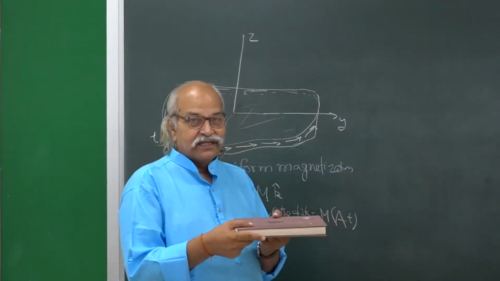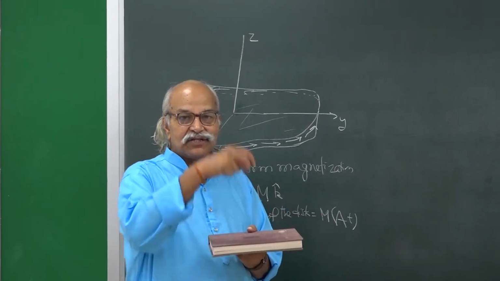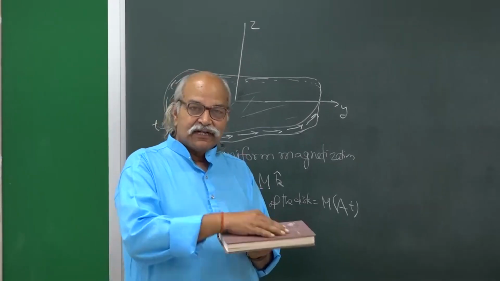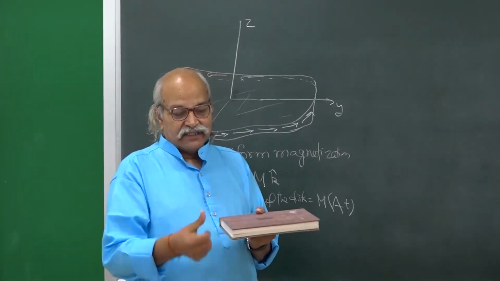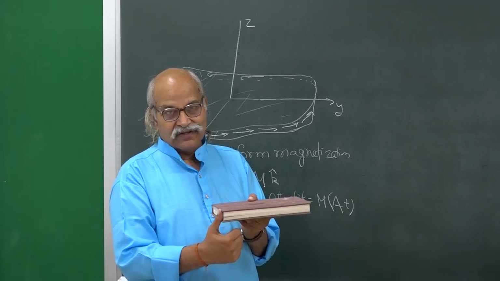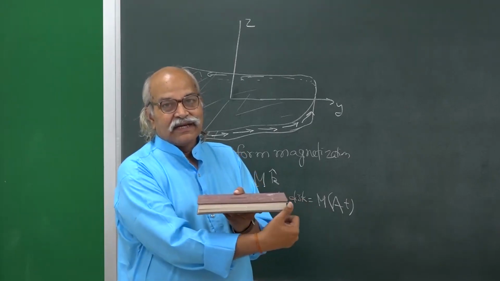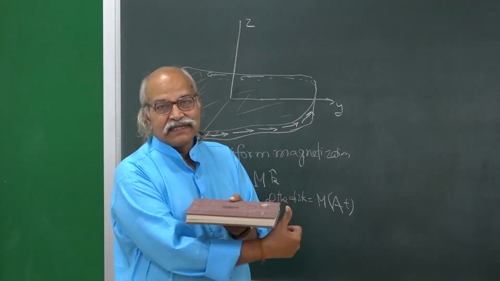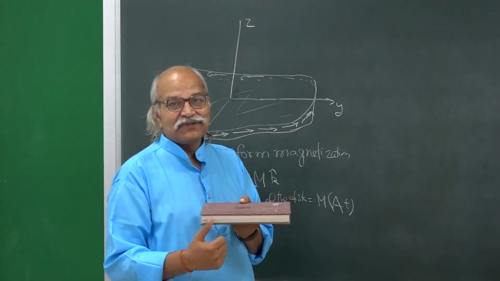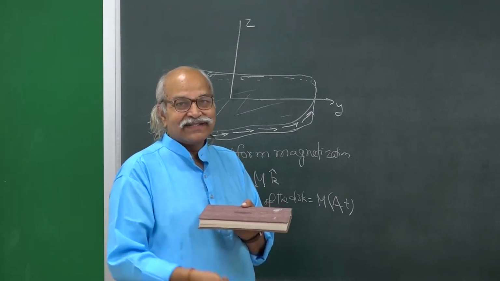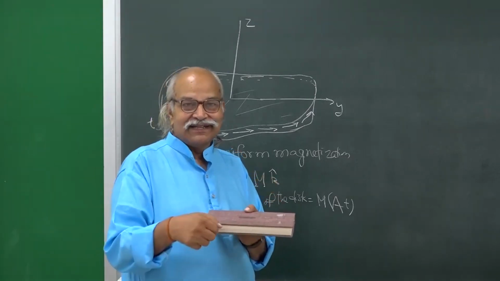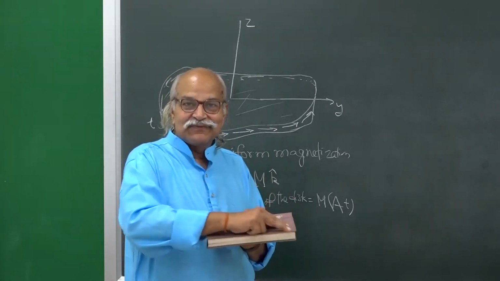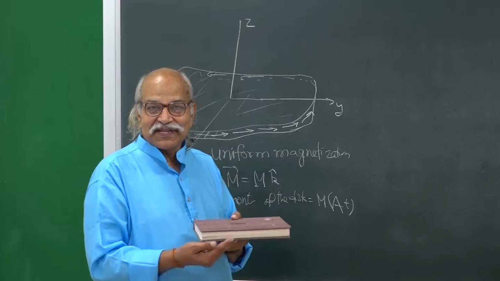If this is the disk, and there is a uniform magnetization in the z direction, we forget about magnetization, and suppose there is a current here, here, here, and here, a current loop. If the current is I and the area enclosed by that current loop is capital A, which is the area of this top surface or bottom surface here.